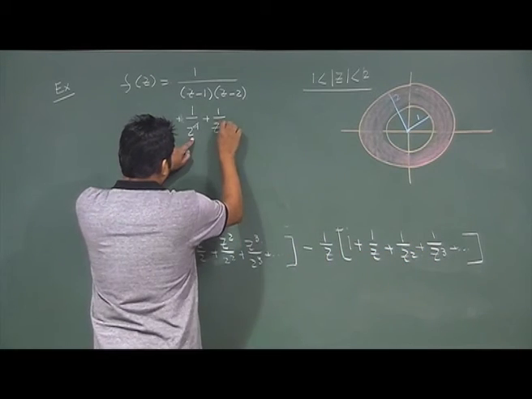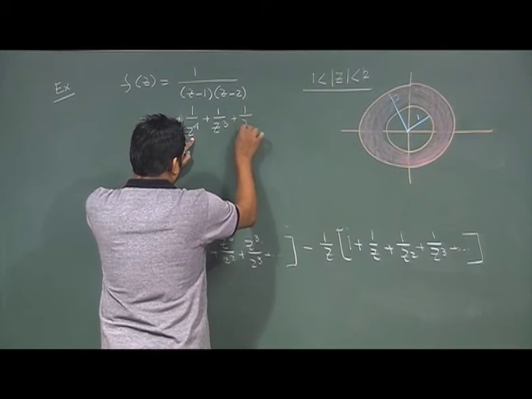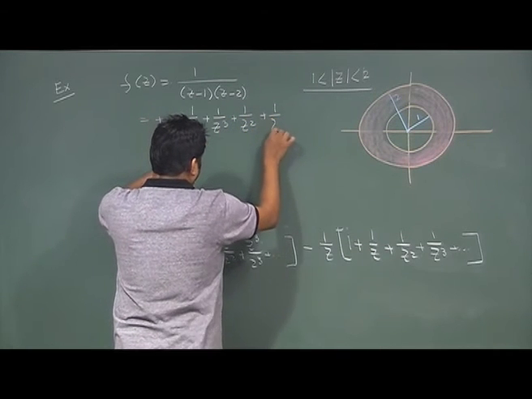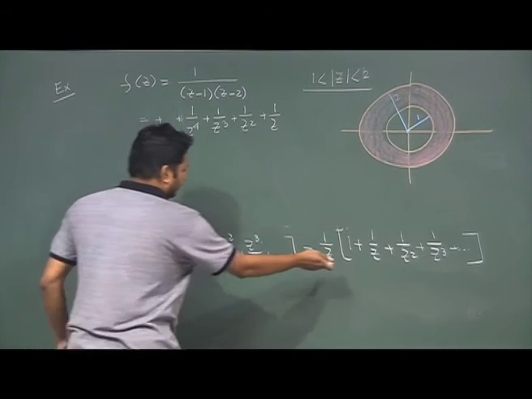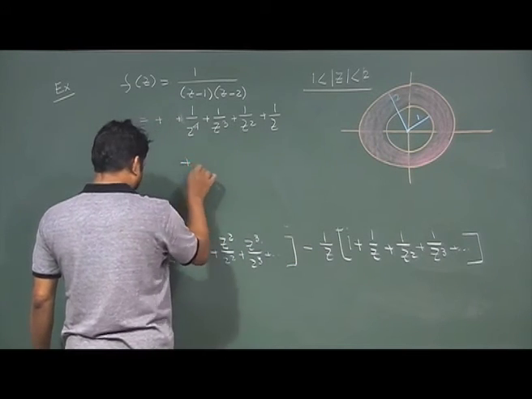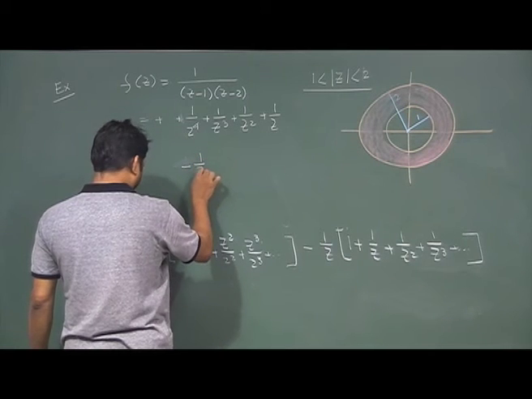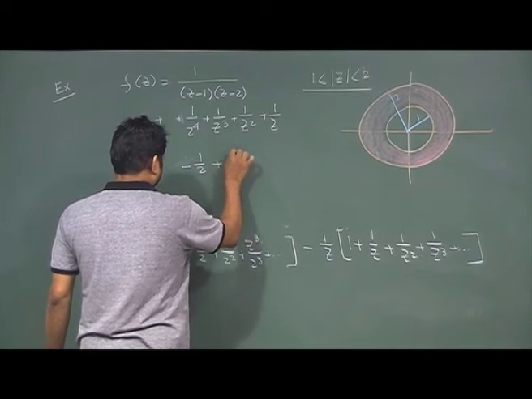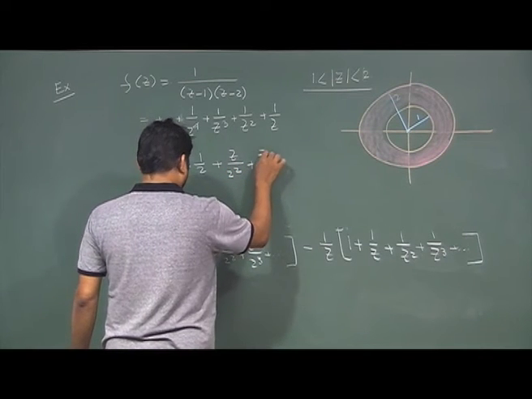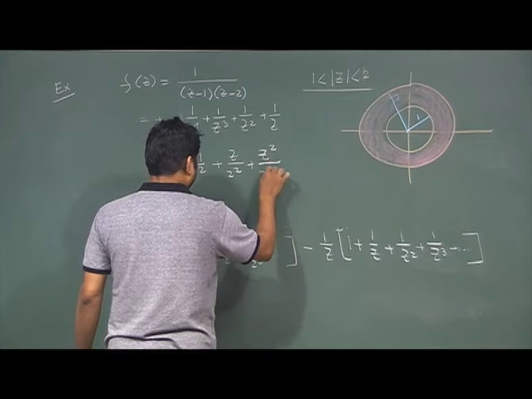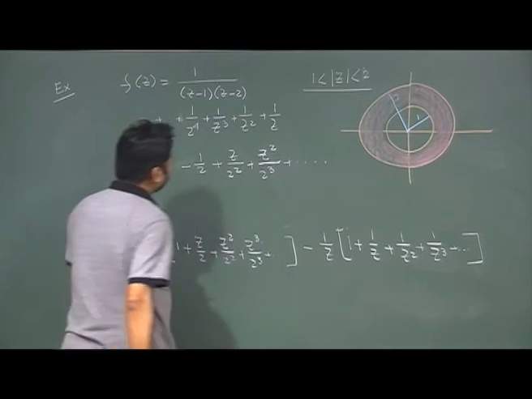So, 4, 3, 2 and 1 up to this. Then I start from here, so plus minus half plus z by 2 square plus z square by 2 cube and so on.